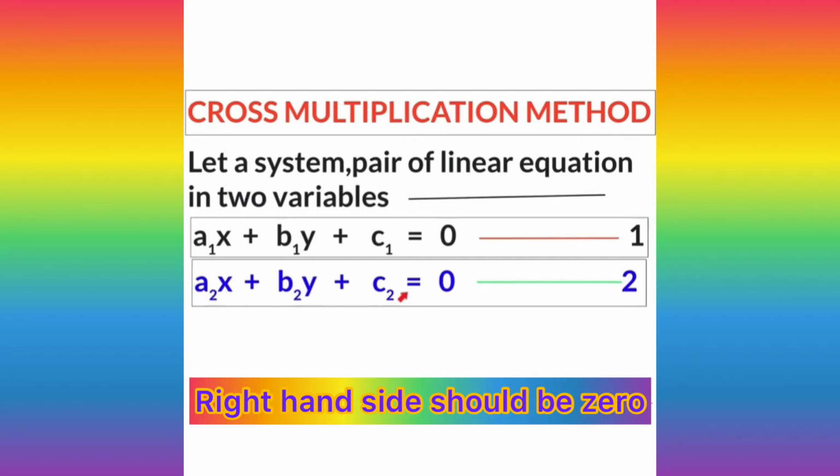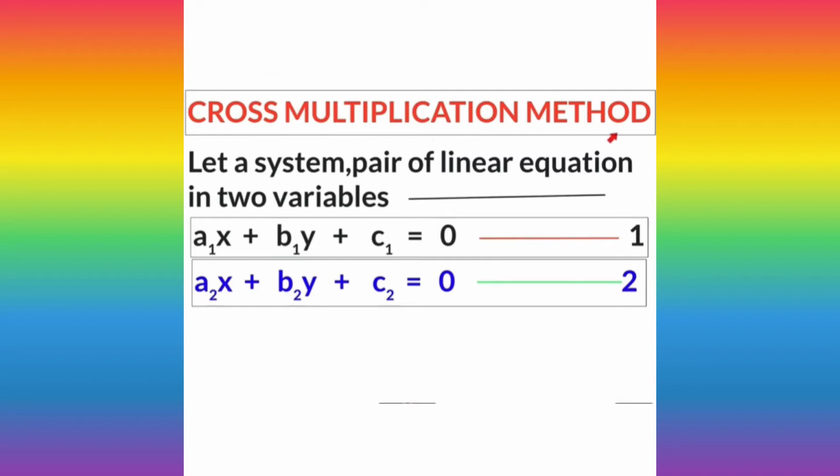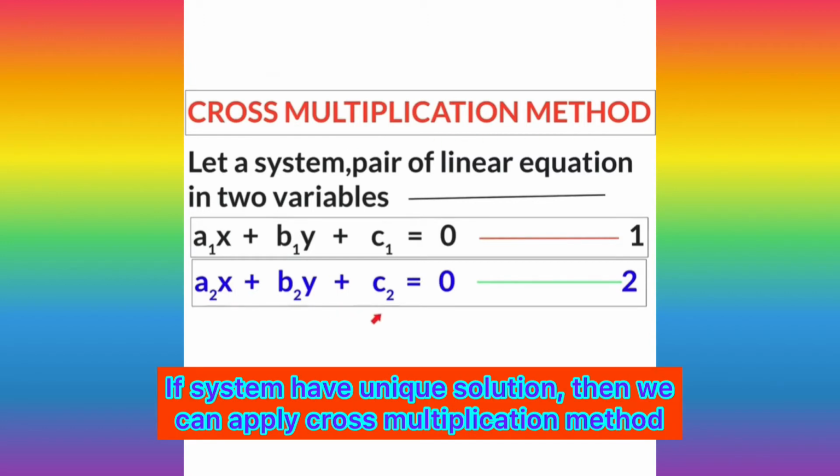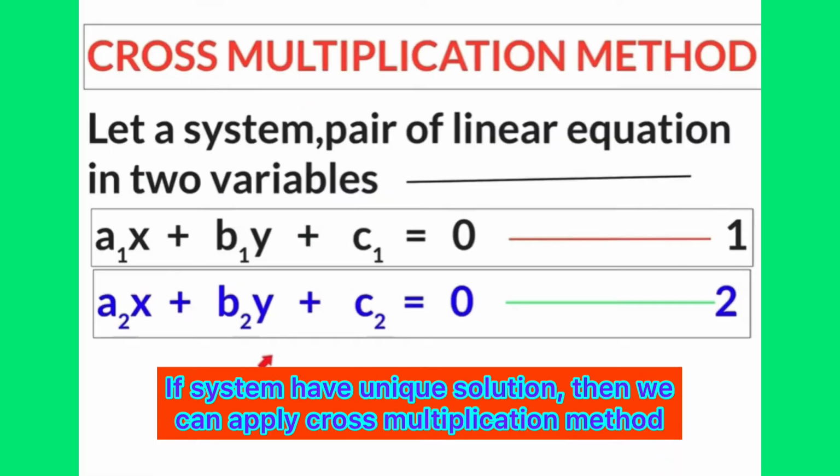Before starting the solution by the cross multiplication method, we will check whether the given system is consistent or inconsistent, meaning whether this system has a unique solution or not. If the system has a unique solution, then we can apply the cross multiplication method. If the system has no solution or infinite solutions, then we cannot apply this method.